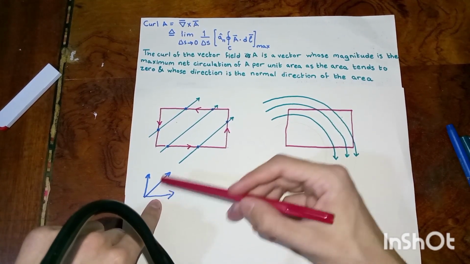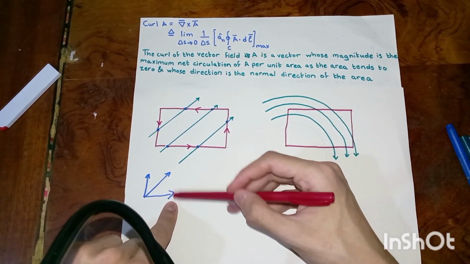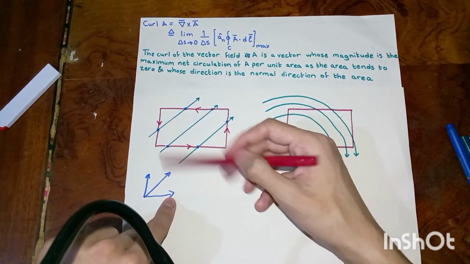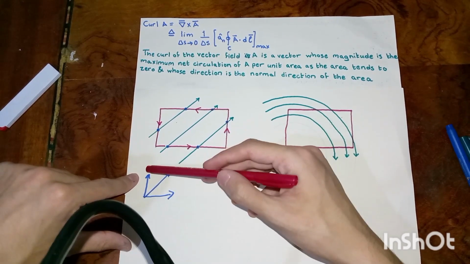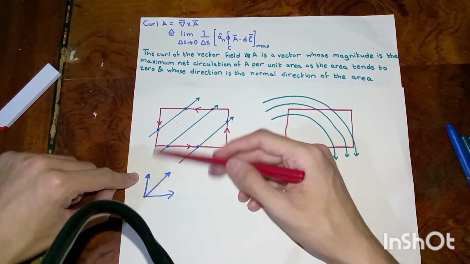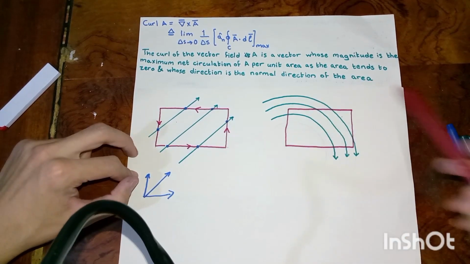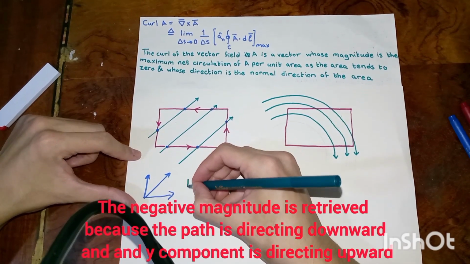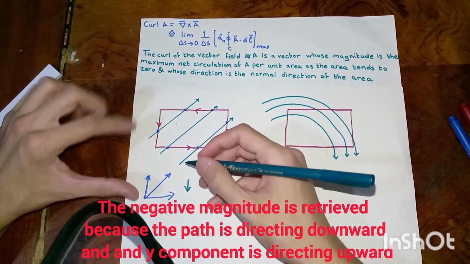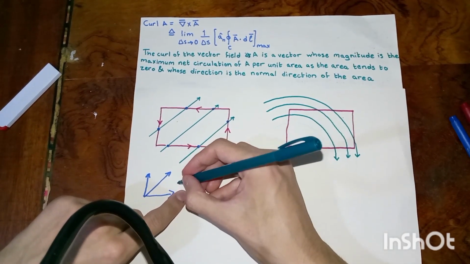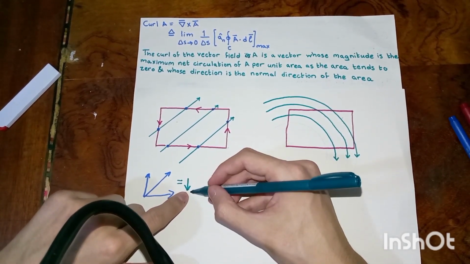When we take the dot product between this x component and this path, the value is going to be 0 because they are perpendicular to each other. But the dot product between the y component and the path is going to give us some negative magnitude, and the downward arrow means that the resultant dot product is a negative scalar magnitude.